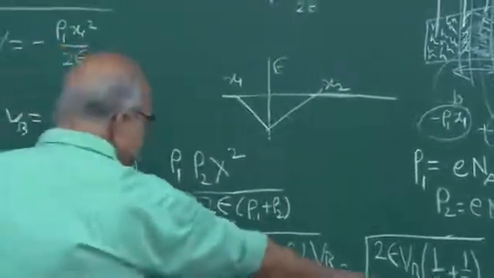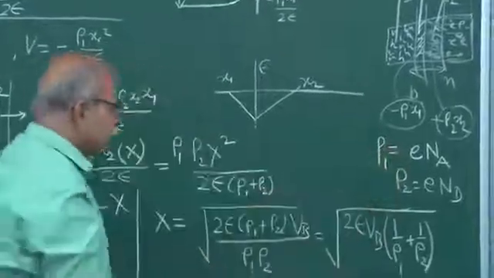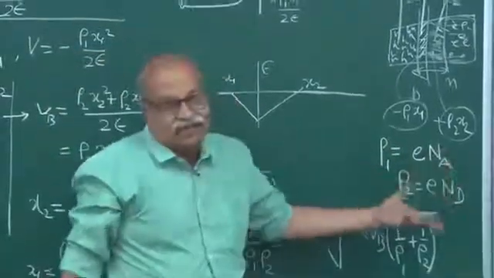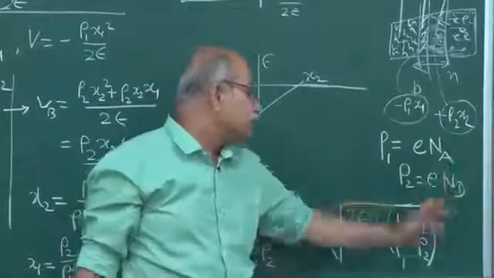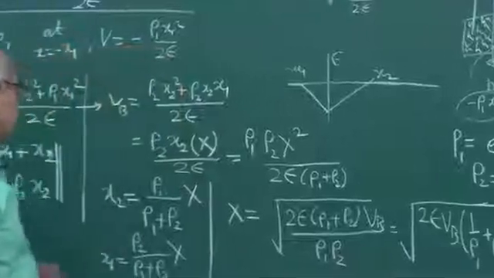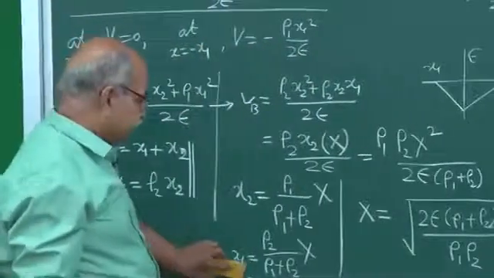And this expression you can write in terms of Na and Nd, because these are the quantities which are under our control. We dope things, so we know what is Na and what is Nd. All right, so what is the final expression?